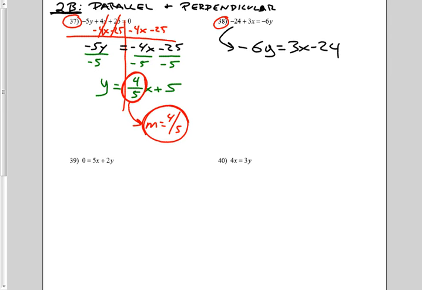I basically flipped the equation around, just like you could say that 5 equals x is the same thing as x equals 5. I could do the same thing here. I also moved some terms so it fit slope-intercept. The reason I did that is because the only step to solve this is to divide by -6. But let's be careful on this move from here to here. I'm a little concerned that might be too fast. So take a moment and make sure you can do that. If you need to, go ahead and rewind it so you can see what I did.